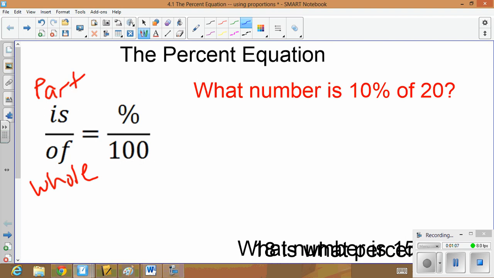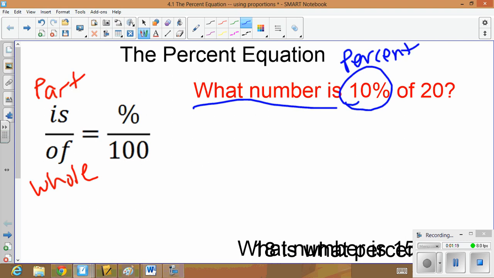So to solve this problem using the proportion, we're going to first read our problem. What number is 10%? So this is my percent of 20. Of 20 represents the whole. So when I go back to my problem, I don't have a part, so call it a variable. Call it x, call it a, call it b.